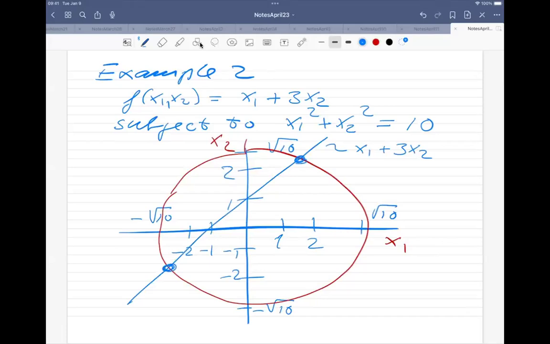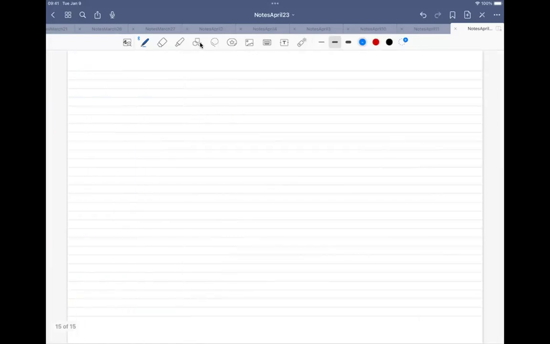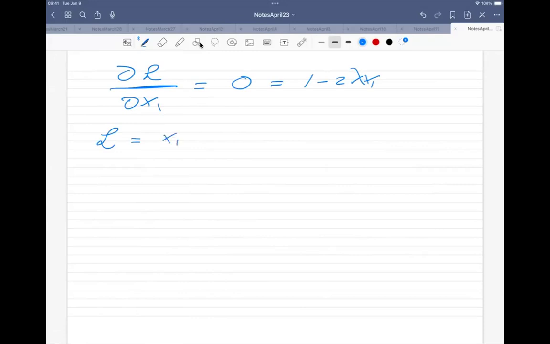So when we then calculate the derivatives, we can now set up the derivative with respect to x1, and that gives us 1 minus 2 lambda x1, and we want that one to be 0. So the Lagrangian in this case is actually going to be given by x1 plus 3x2 minus, and then we have the parameter lambda, and then we have x1 squared plus x2 squared minus 10.